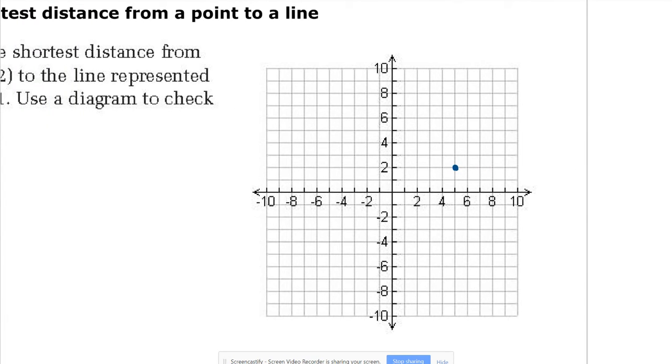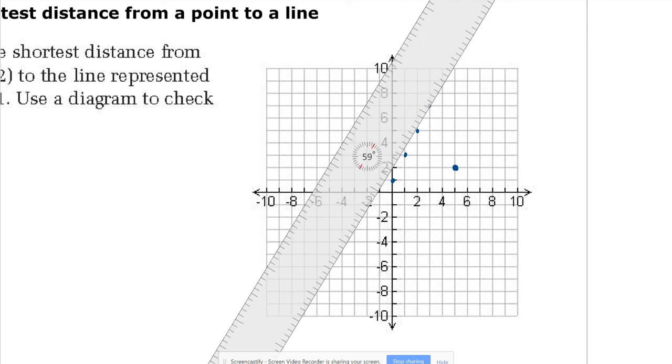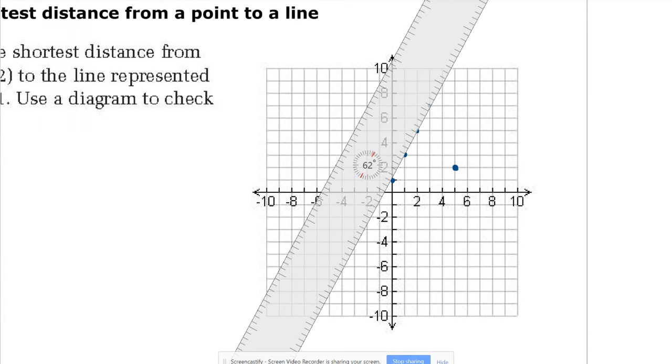So I'm going to start from my y-intercept of 1. The slope is 2x, so my next point would be here, then here, then here. And I'm going to use a ruler to connect my points, and I'm going to draw that line.